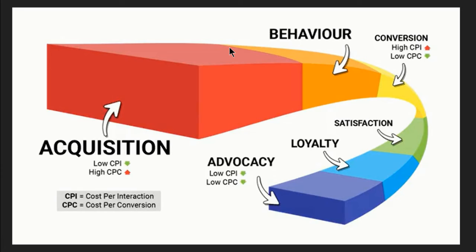You can have a look at this picture. If you're a marketing person, you must know this funnel. So this model has a lot of flows, and when it comes to activities, it drives benefits. Okay, so you can see a lot of things are there: we have acquisition, behavior, conversion, satisfaction, loyalty, advocacy.